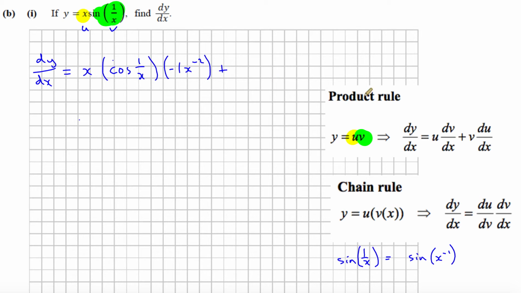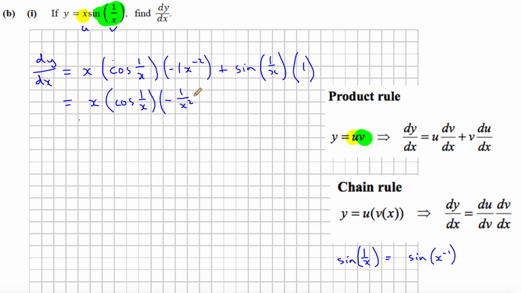Plus v, which is the sine of 1 over x, multiplied by du/dx, and the derivative of x is just 1. Okay, so what that gives me then is x by the cos of 1 over x by minus, we can write this as minus 1 over x squared.